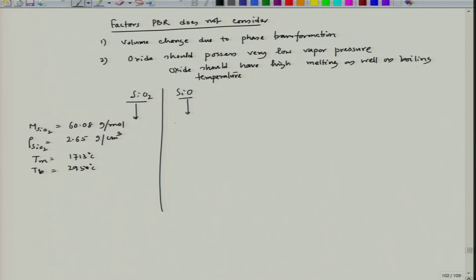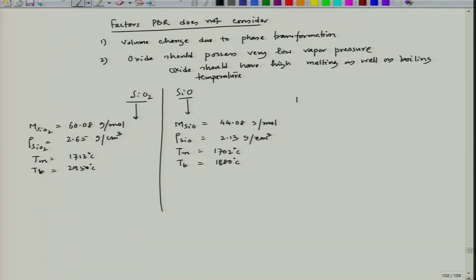And here SiO, this is 44.08 gram per mole, rho 2.13, Tm equal to 1702 degrees Celsius, but Tb, the boiling temperature, is 1880 degrees Celsius.